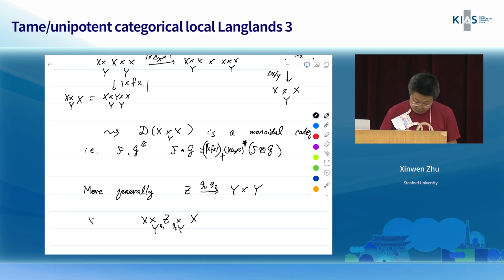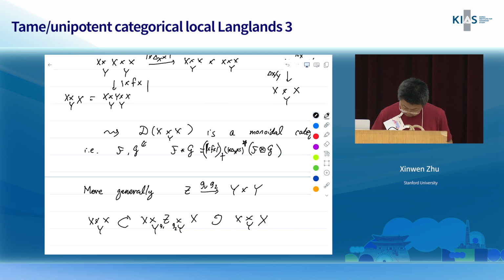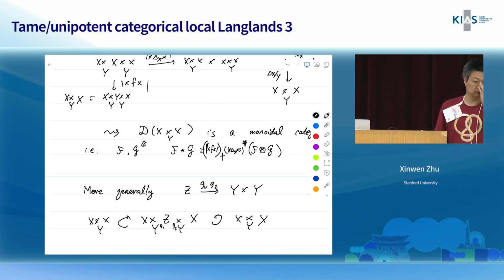And then this is actually a bimodule over this algebra. There's a convolution action from the left and a convolution from the right.